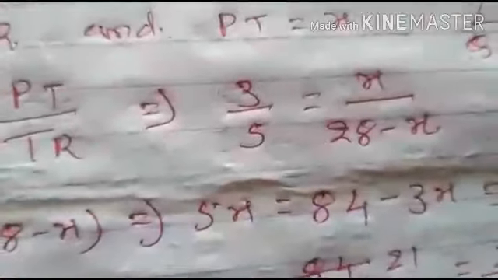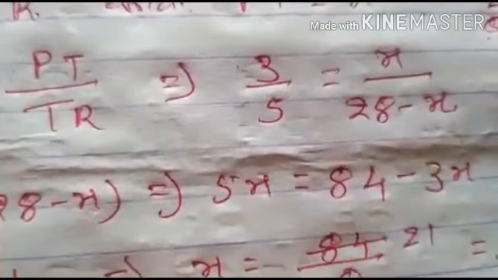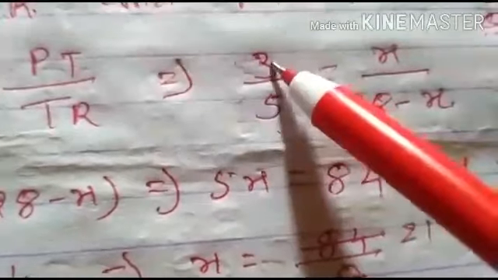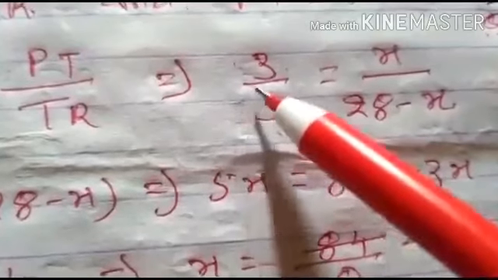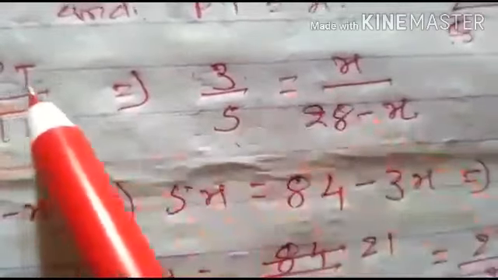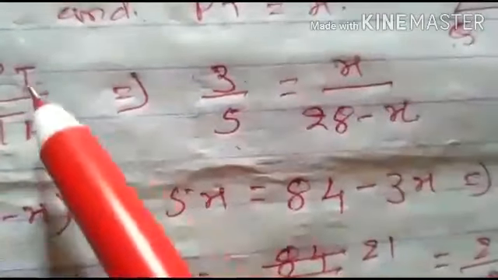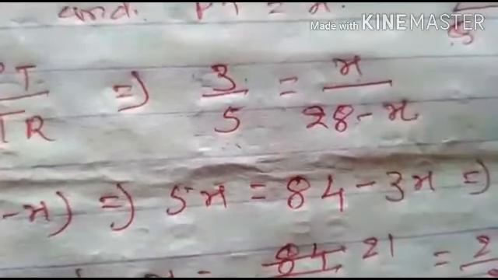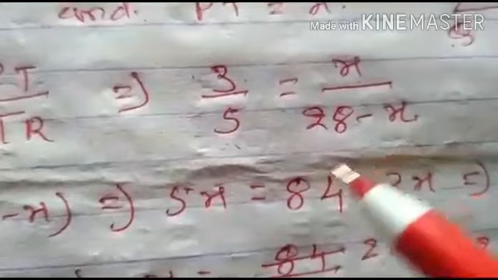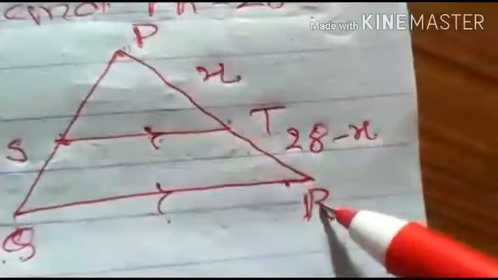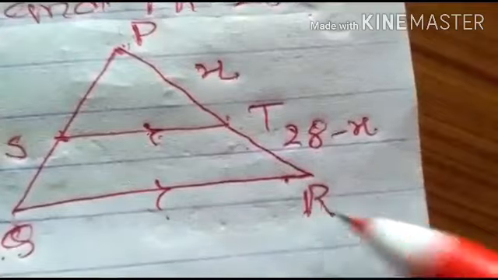Now since, as in the question, PS by SQ was given as 3 by 5, we substitute the value of PS by SQ as 3 by 5, and we supposed PT as X. So put X for PT, and since TR will be of the length 28 minus X, here the total length PR was given 28 centimeter.